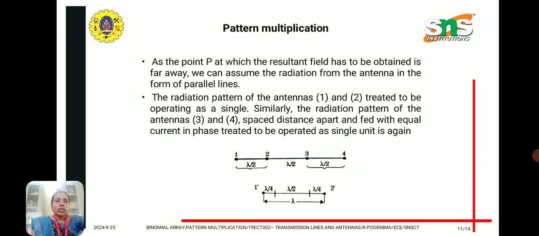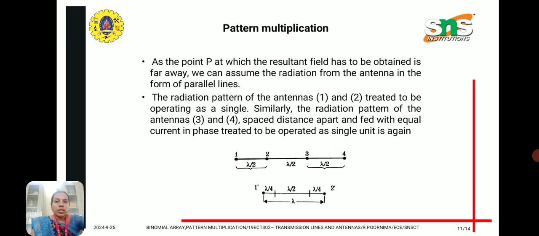The radiation pattern of antennas 1 and 2, treated as operating as a single unit, is taken as 1 dash, and the radiation pattern of antennas 3 and 4, spaced a distance apart and fed with equal current, is treated as a single unit again. So it is taken as 2 dash.